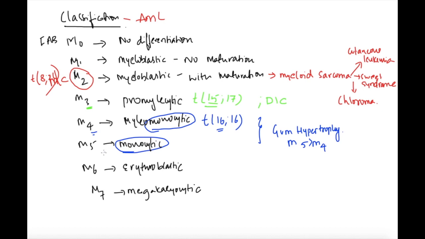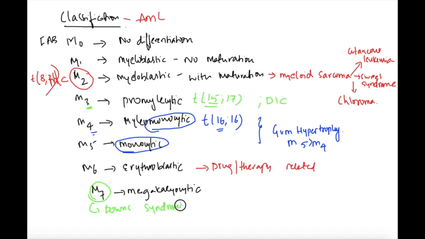Then, what is important regarding erythroblastic? It is just that it is drug related, or rather therapy related. What are the two drugs that were mentioned? Alkylating agents and etoposide. They are associated with the M6 type of AML. And M7 has something important, that is association with Down syndrome.